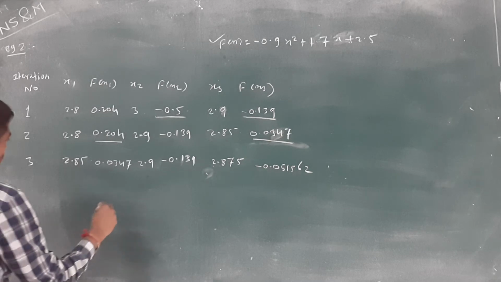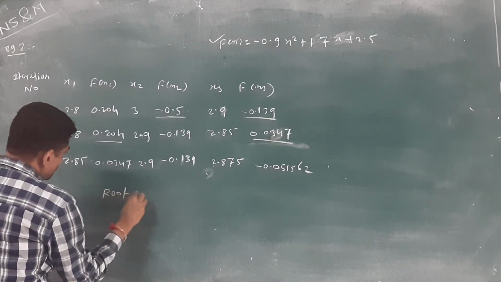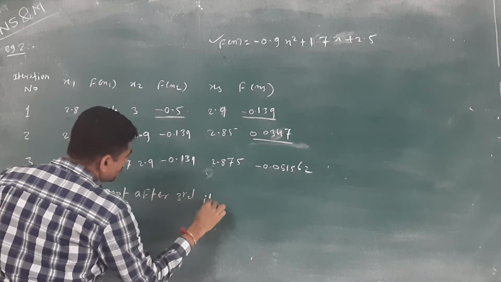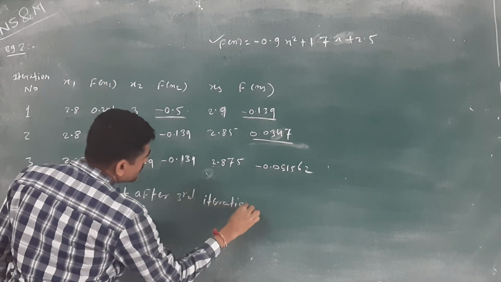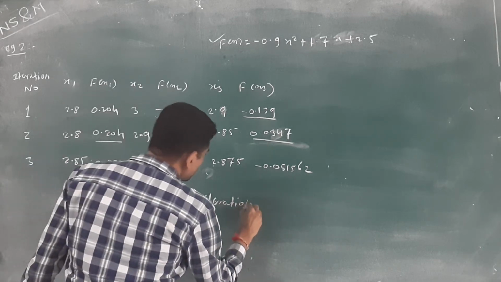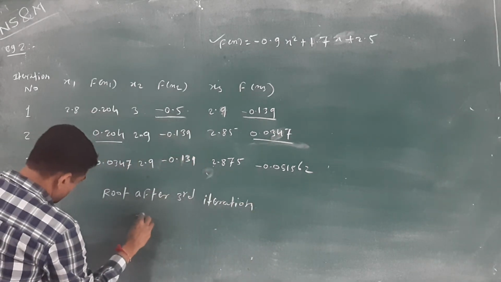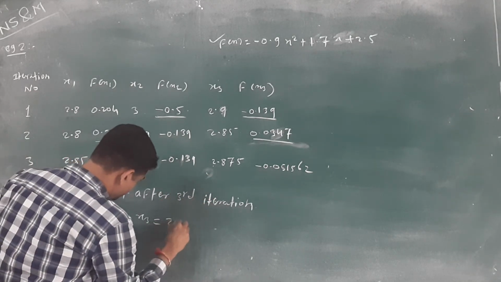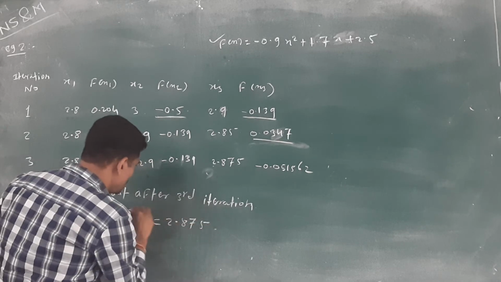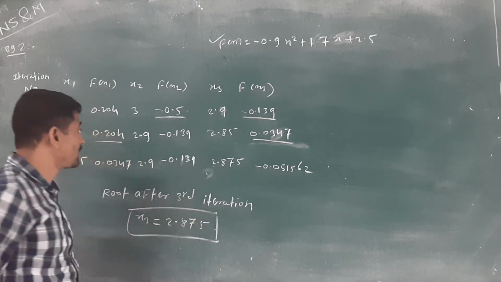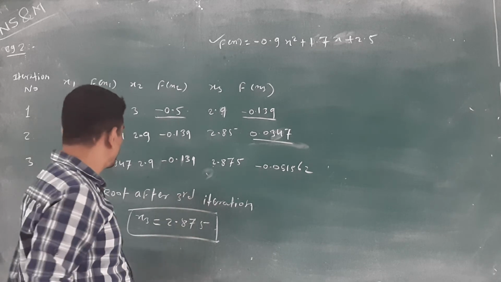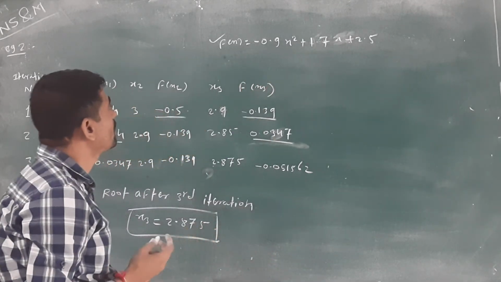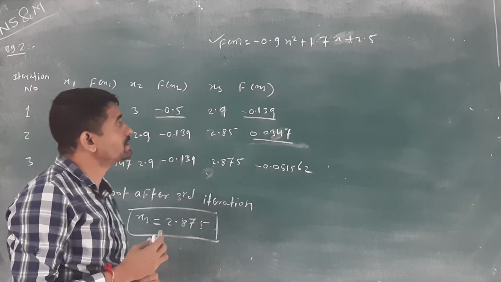The root after the third iteration is the value of x3, which is 2.875. This satisfies the given equation, f of x is equal to 0, minus 0.9x square plus 1.7x plus 2.5.